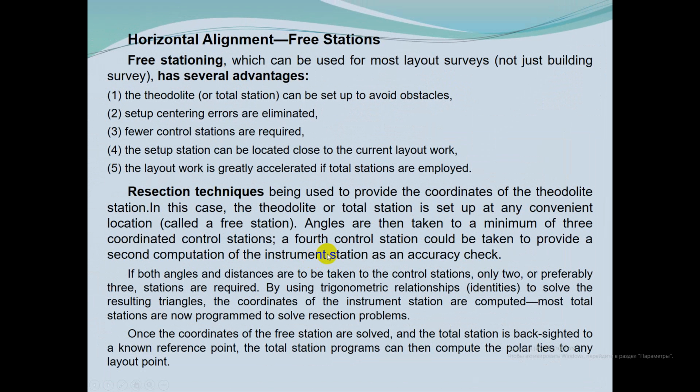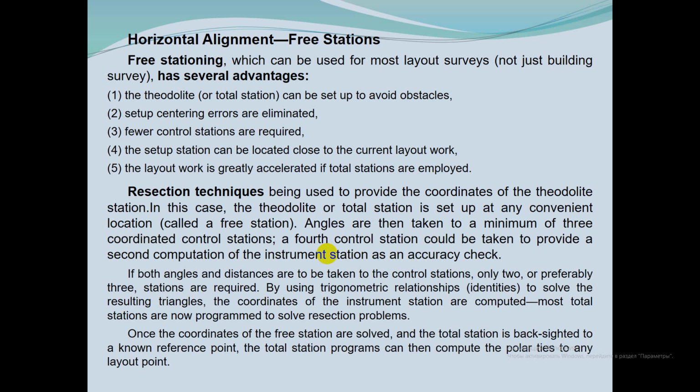About horizontal alignment, free station. Free station can be used for most layout surveys, not just building surveys, and has several advantages. The theodolite or total station can be set up to avoid obstacles.